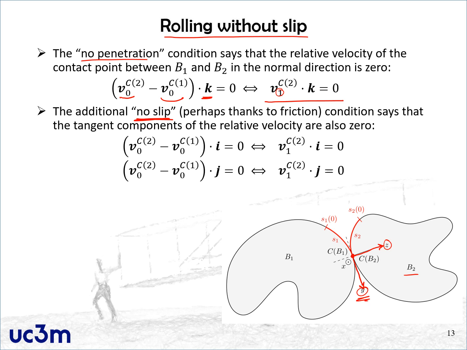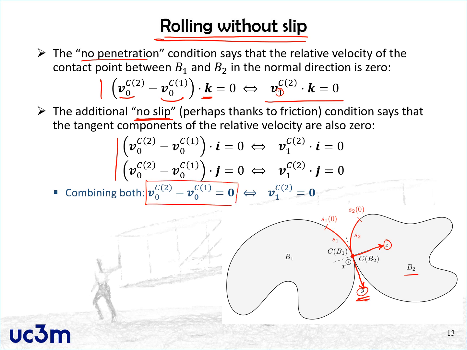When we have no penetration and no slip, we refer to that as rolling without slip, when the body geometries are sufficiently smooth so that rolling can happen. The three components of the relative velocity will be equal to 0. In other words, the velocities of the contact points are equal, or the relative velocity is equal to 0.